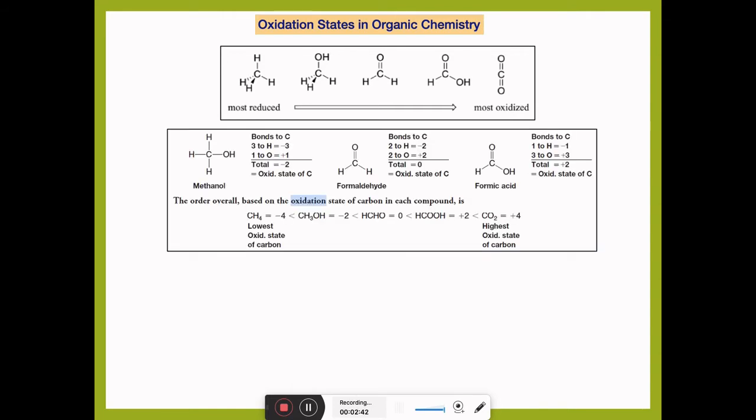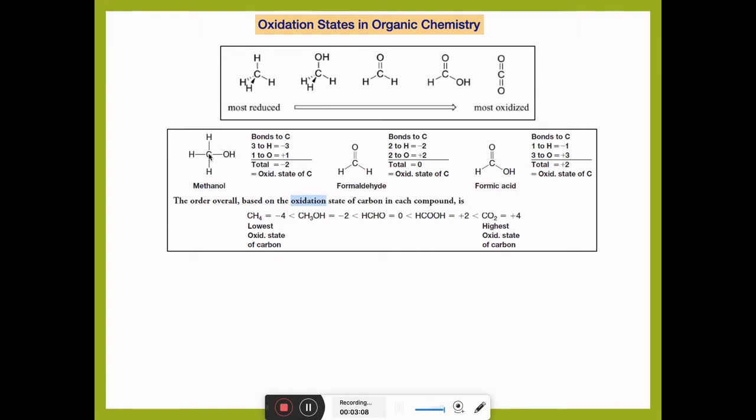Now let us see how we can calculate the oxidation state of the central carbon or central atom. For that, consider one example, methanol. We want to calculate the oxidation state of the central atom carbon, which is always with respect to the electronegativity difference between the central carbon and the atoms attached to it.